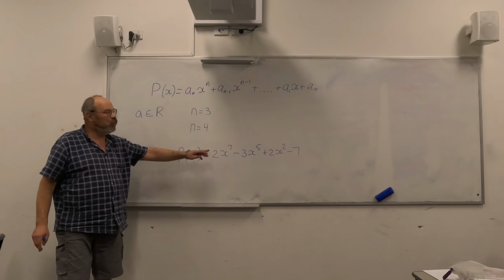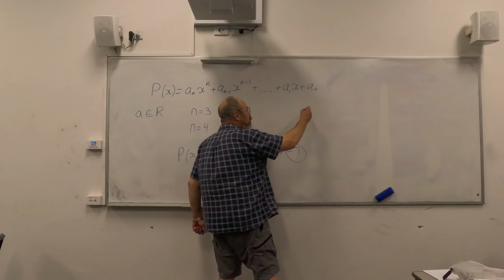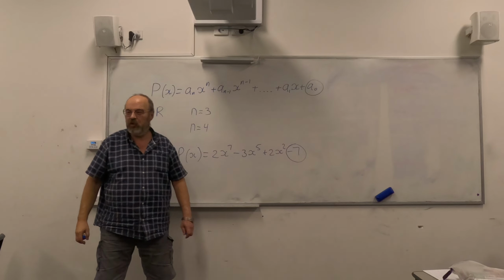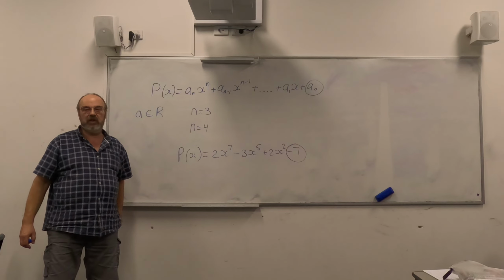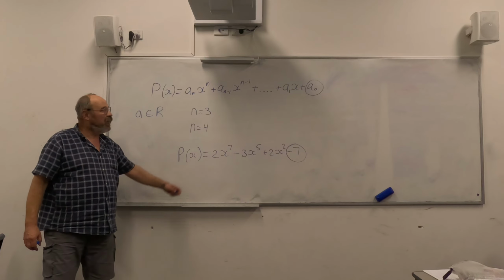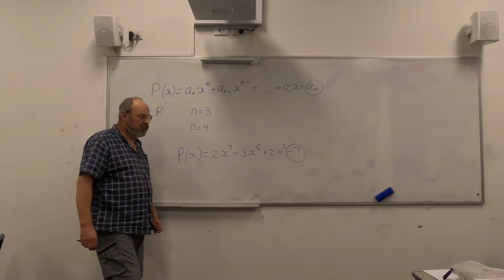Now the term which does not have x in it is called the constant term. So in this example, the constant term is negative 7. And those a_(n-1) and so on are called coefficients.